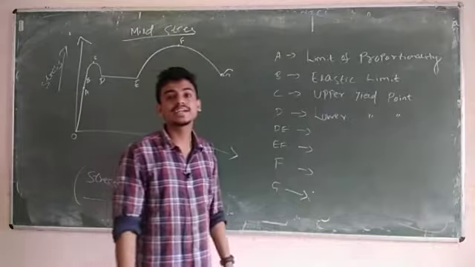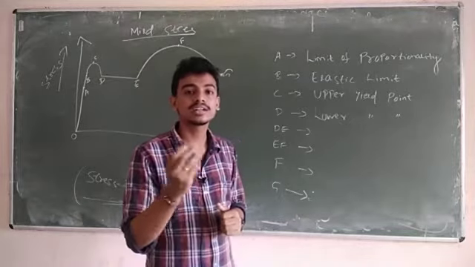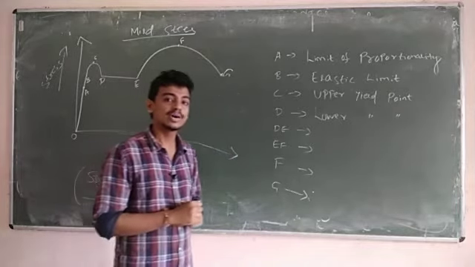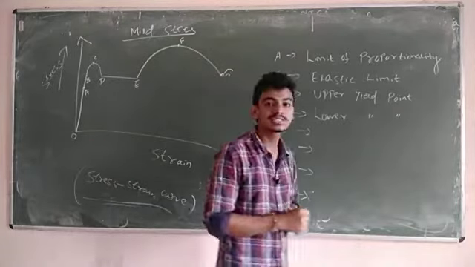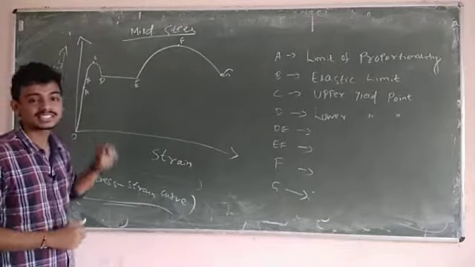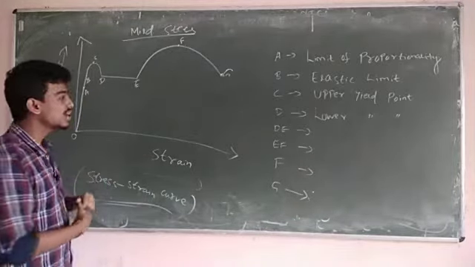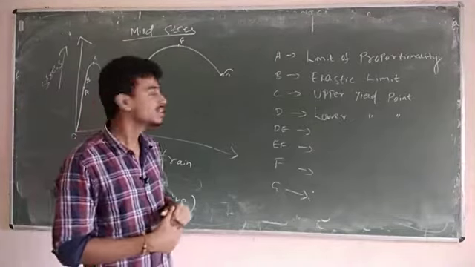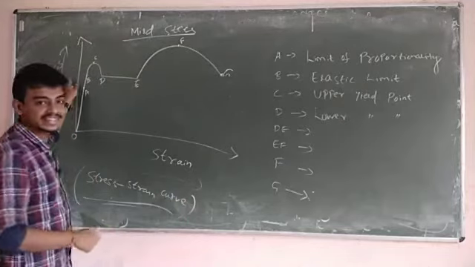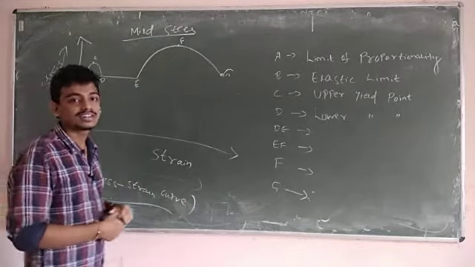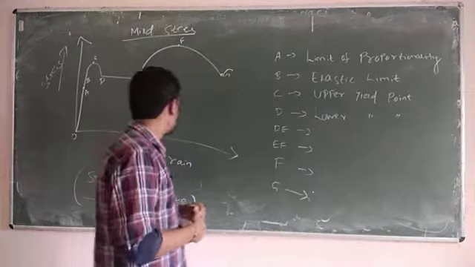Because of carbon atom displacement, we get two yield points, the upper yield point and the lower yield point. But the lower yield point is called the actual yield point, because after that point plastic deformation starts. Now what is plastic deformation? Plastic deformation means there is an increase in the length of the material without increasing any stress.